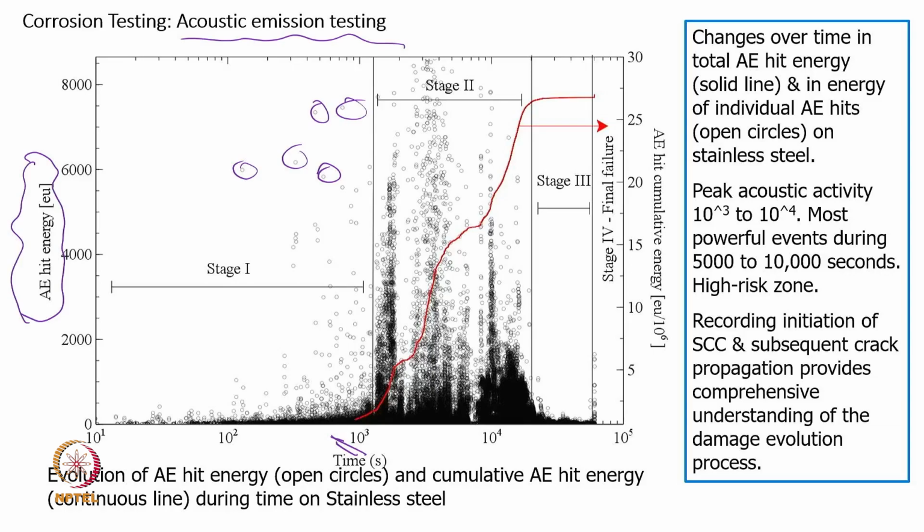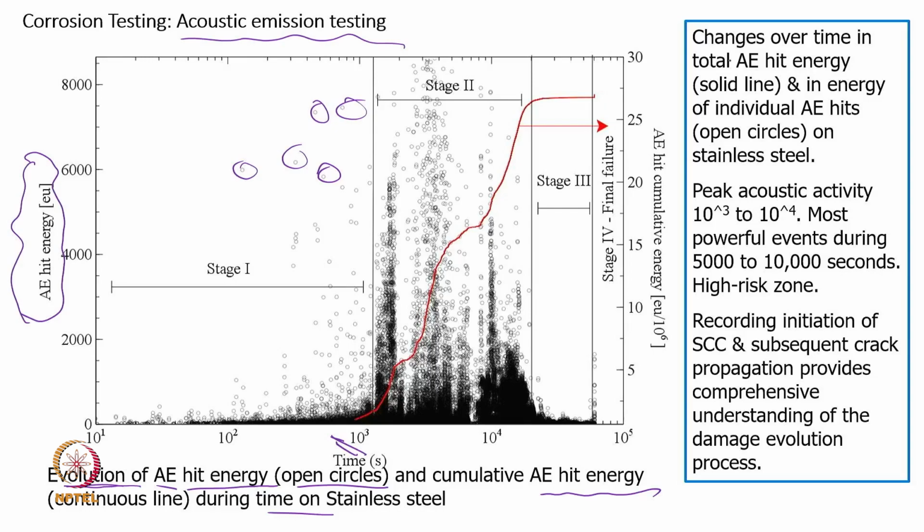That is what we are saying, that it is basically trying to track the evolution of the acoustic emission hit energy, which is the open circle shown, and I mentioned the cumulative acoustic emission, which has been shown as the black dot, and then the continuous red line. This experiment was done on stainless steel.